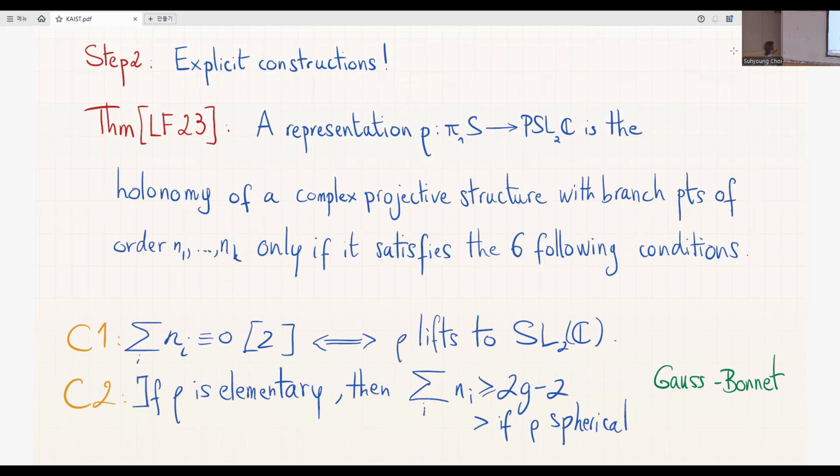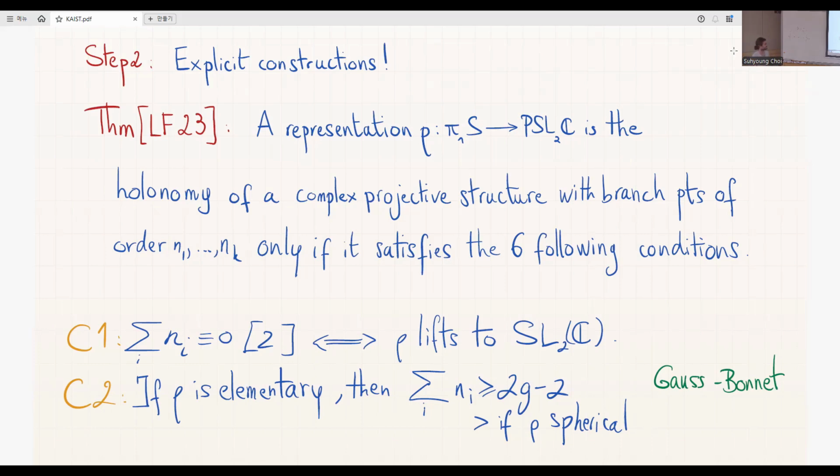Okay. And so we get the following theorem: a representation is the holonomy of a complex projective structure with branch points n1 to nk if and only if it satisfies the six following conditions. They are kind of heavy, so I will not insist on them, but I will still show them so that you can see that it's really explicit.